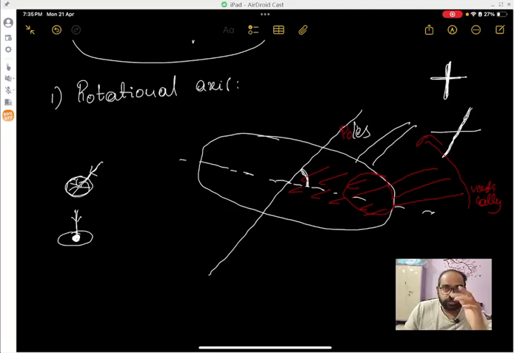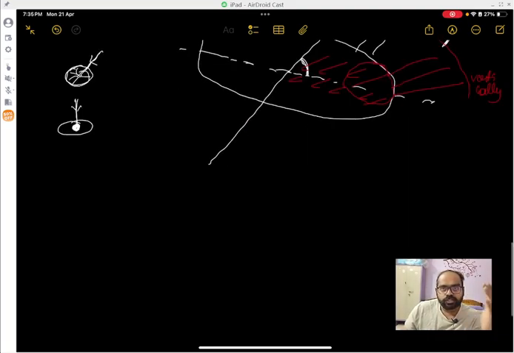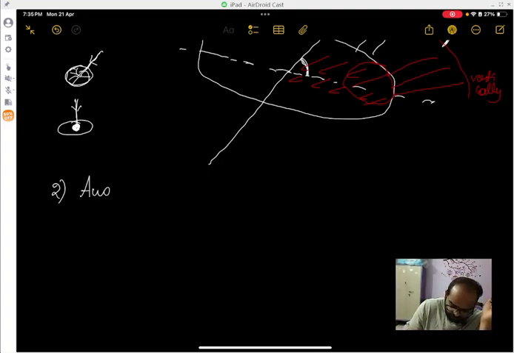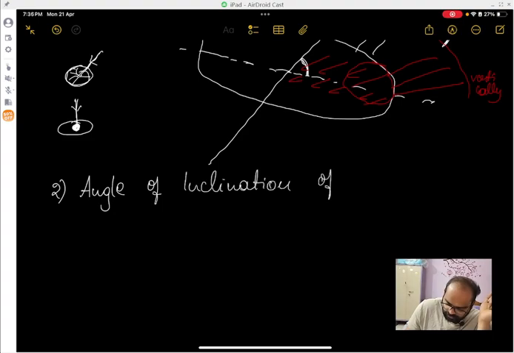This is one thing. Why is it happening like this? Due to the rotational axis. So, as we move from the equator towards the poles, the solar radiation received by those regions decreases. Second, the angle of inclination of the sun's rays.